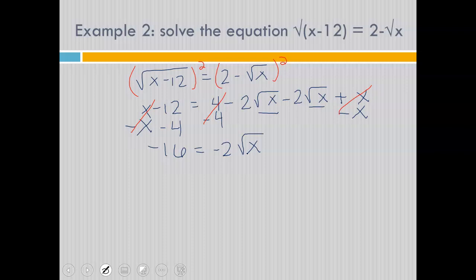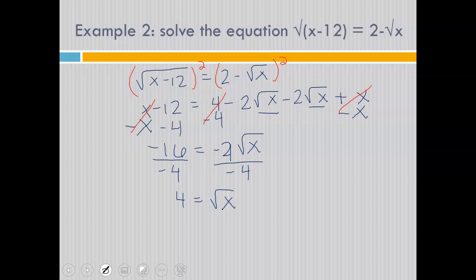The square root's still not isolated, so we're going to divide both sides by negative 2. Now my radical is isolated.